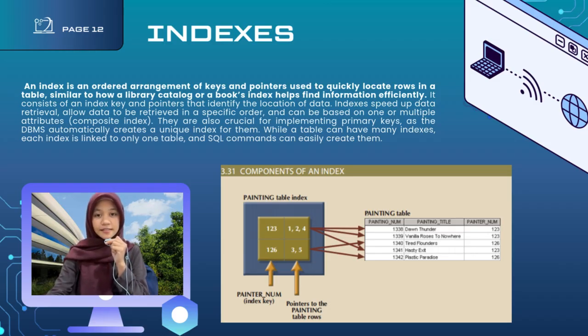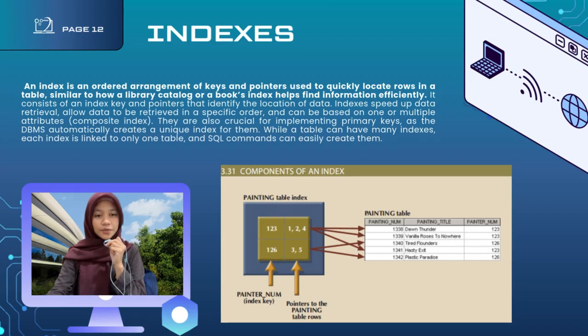The next one coming is indexes. An index is an ordered arrangement of keys and pointers used to quickly locate rows in a table, similar to how a library catalog or a book's index helps find information efficiently. It consists of an index key and pointers that identify the location of data. Indexes speed up data retrieval, allow data to be retrieved in a specific order, and can be based on one or multiple attributes, or a composite index.